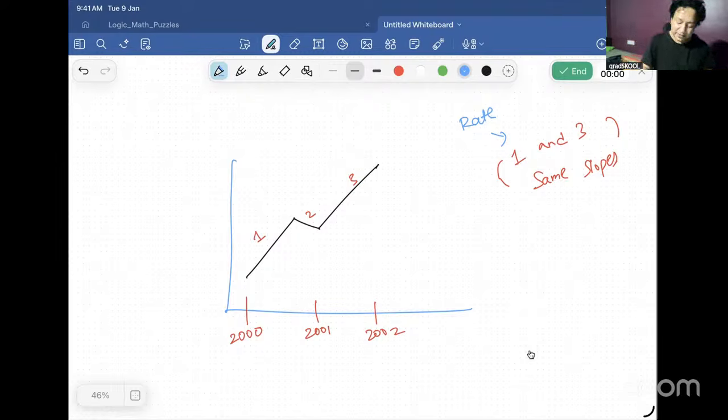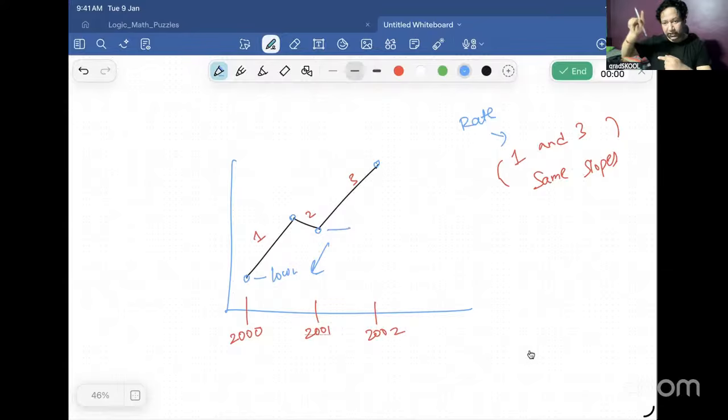Why? Because you don't have to even consider कि इसका data यहाँ पे क्या था, यहाँ पे क्या था. We don't really think about that. But think about, even if the growth is same, the lower base was here when compared to this, isn't it? This is lower. तो अगर lower base पे कोई growth होगी और वही growth higher base पे होगी, the absolute growth, then the effect of growth will be higher on the lower base, right?